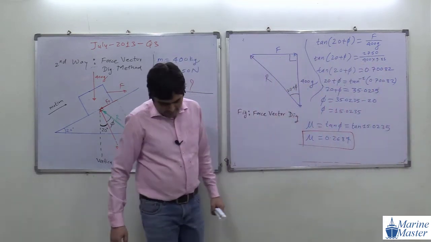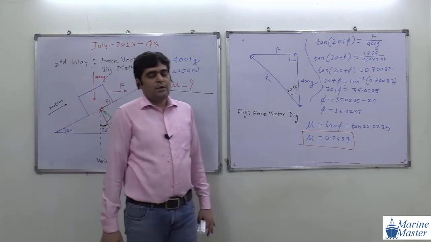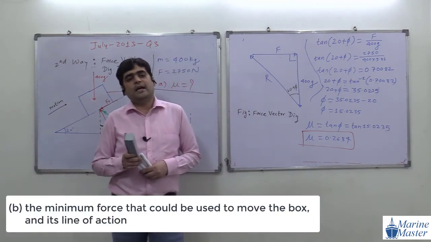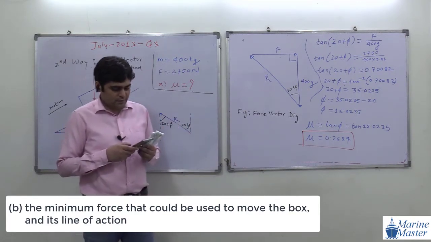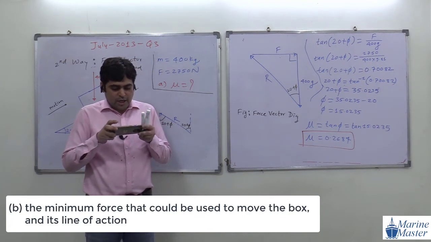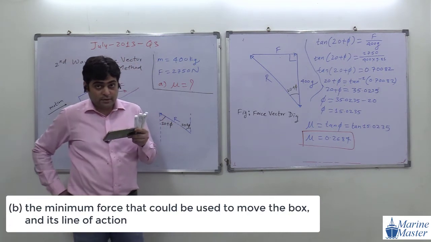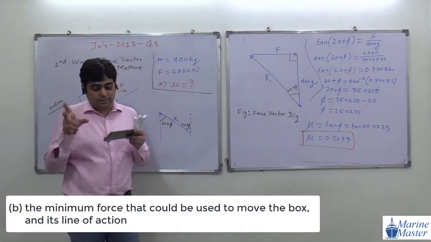Now what are they asking us in the B part? Read the B part carefully, everyone. They are asking for the minimum force. In the earlier question we also studied how to calculate minimum force.